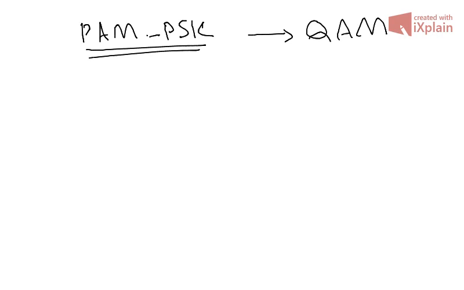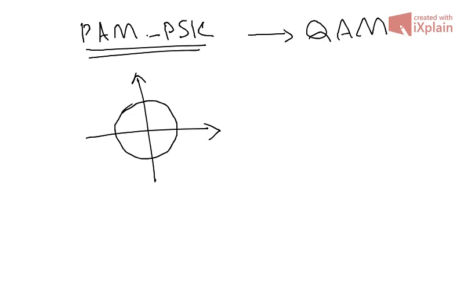So if we observe some constellation types, we can have something similar to the PSK. I can say that, okay, I have 4 points, these 4 points which are here on this circle.